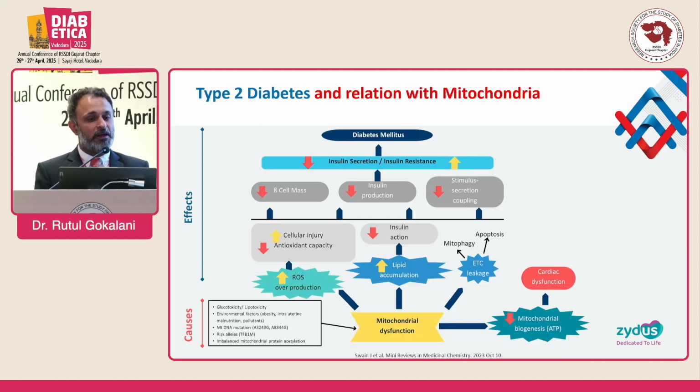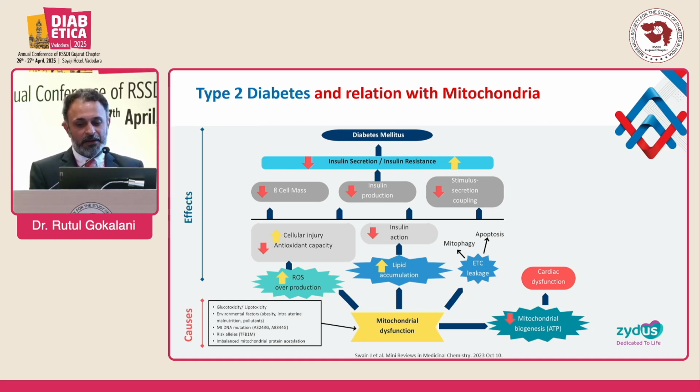So in type 2 diabetes, in relation to mitochondria, whenever there is mitochondrial dysfunction, there is reactive oxygen species overproduction, lipid accumulation, and ETC leakage, and ultimately it causes cellular injury, and antioxidant capacity is reduced with reduction in insulin secretion, and also mitophagy and apoptosis.